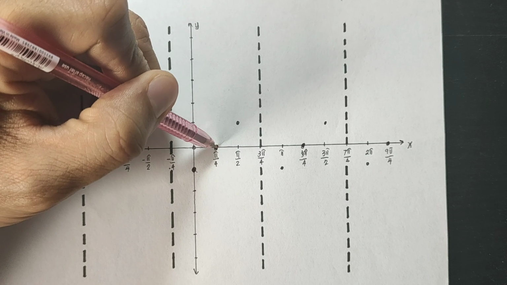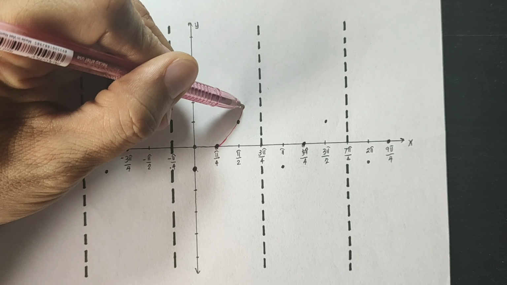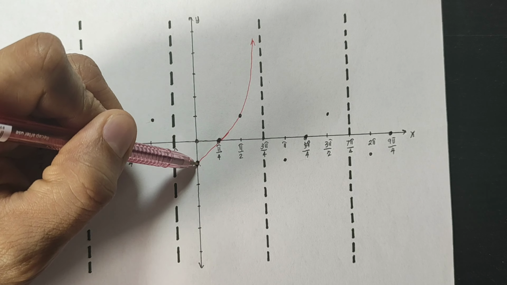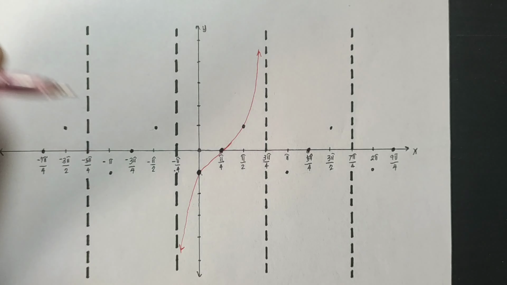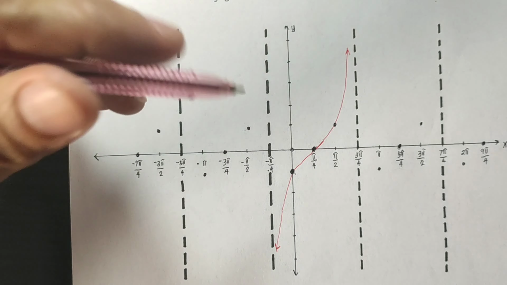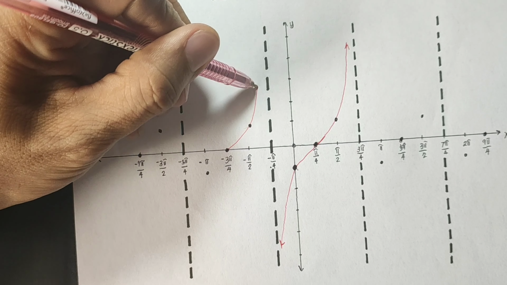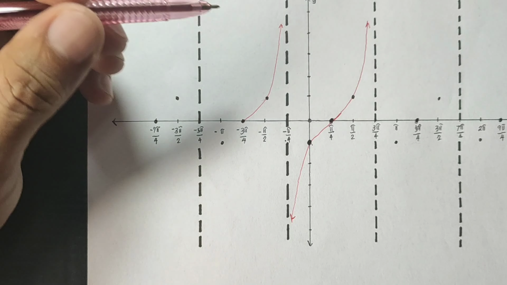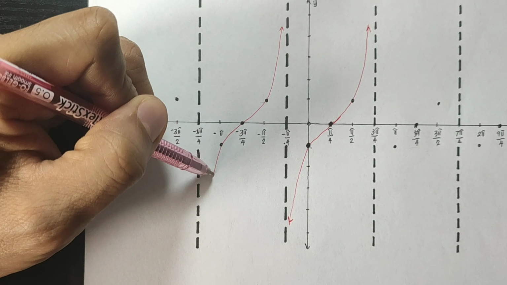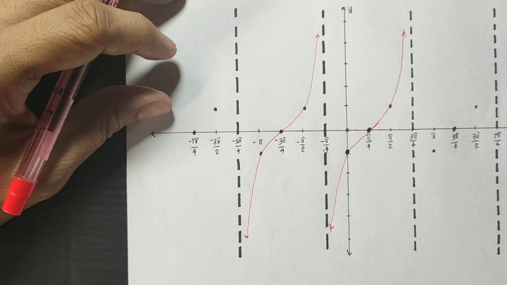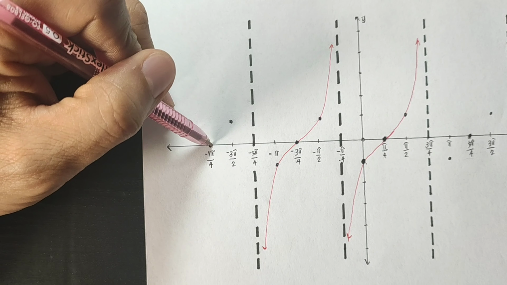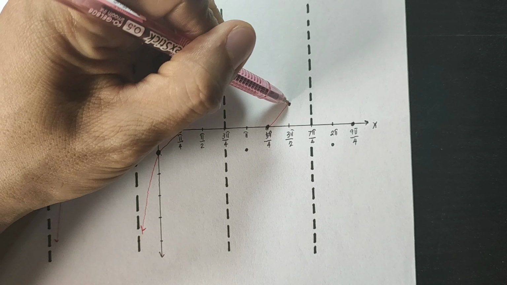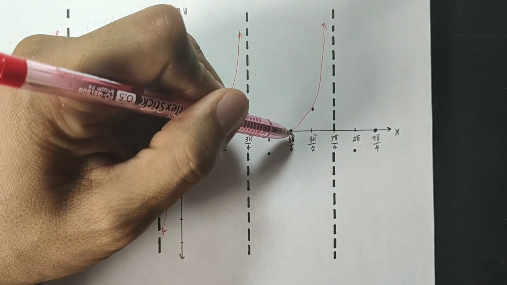So since this is the graph of y equals tangent, the graph will be like this. On the other side, make sure that this graph will not intersect the asymptote. Okay, on the other side like this and like that.